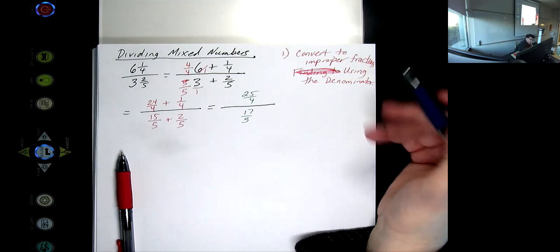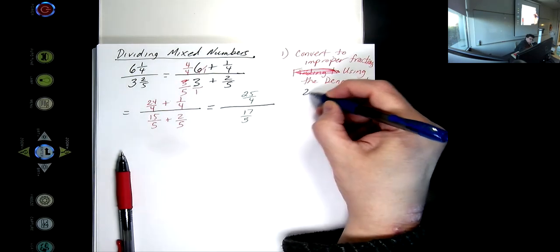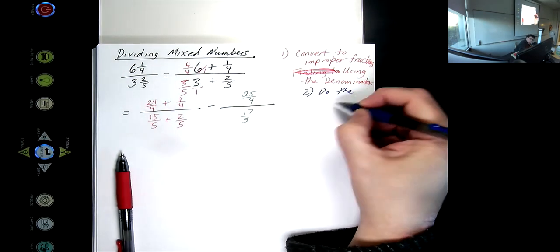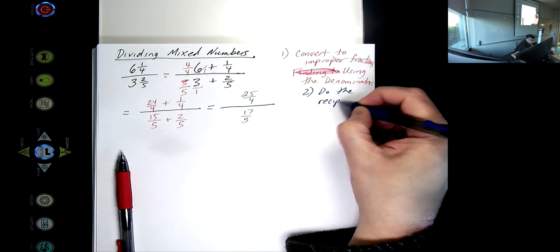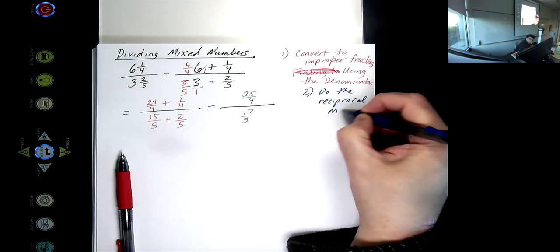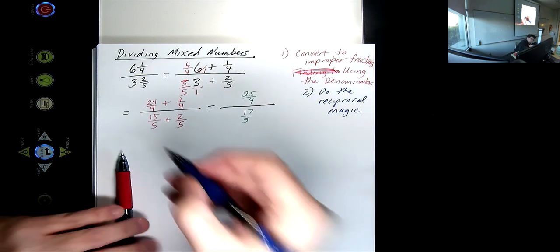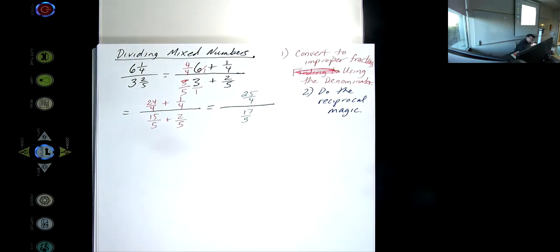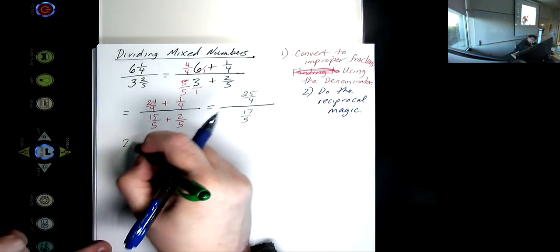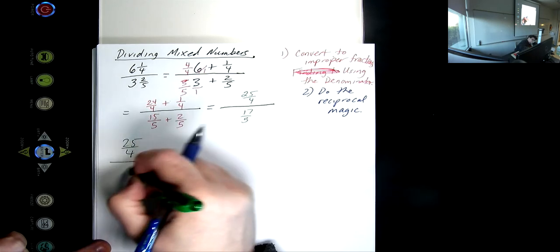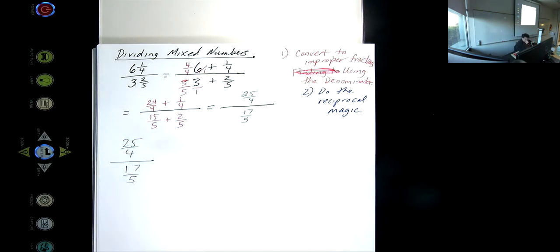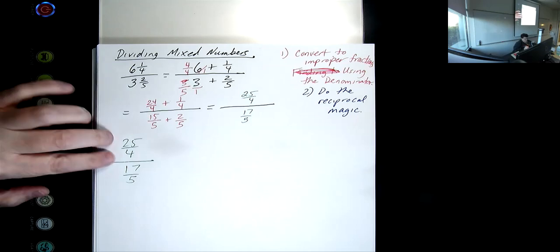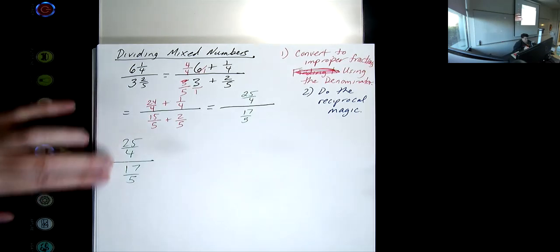Then do the reciprocal magic. So I'll rewrite this down here where I have a little bit more room. I'm dividing 25/4 by 17/5.